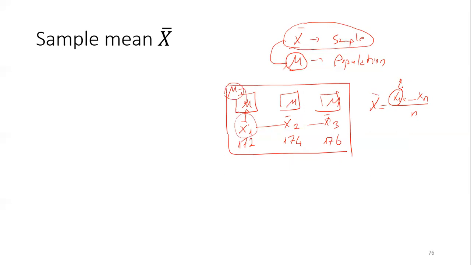So each of them is a random variable, right? Each observation is a random variable. And what you do is you just take the average of a random variable. So this is a function of a random variable, and the function of a random variable is a random variable itself, right? So x bar is a random variable.